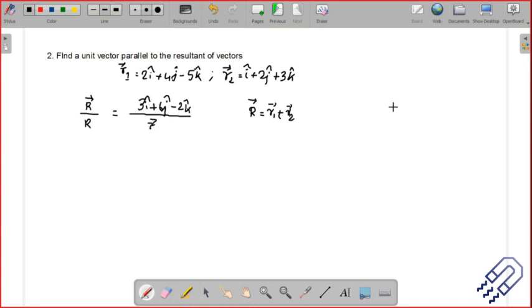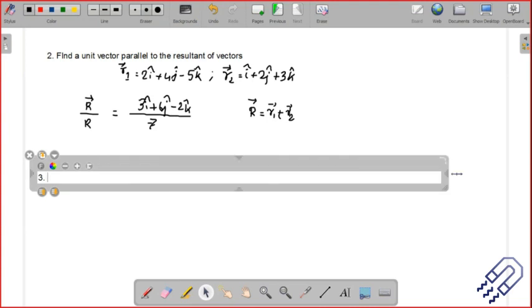There are certain problems which we actually need to do. Let me give you one more problem, and you may take it as homework. Try this.